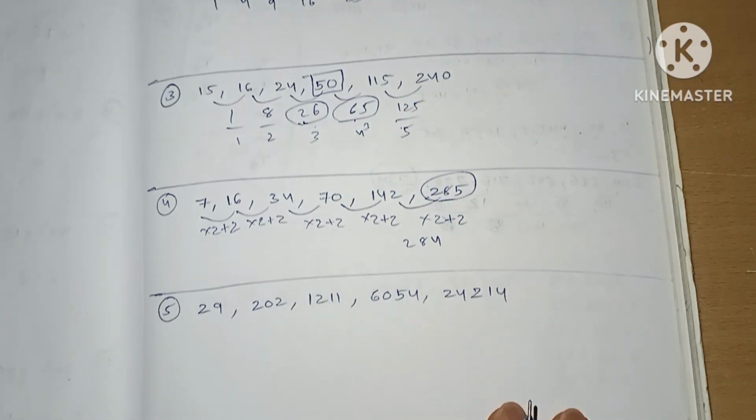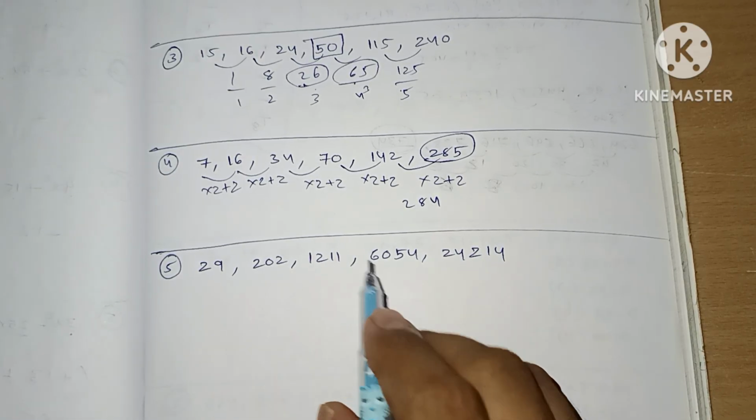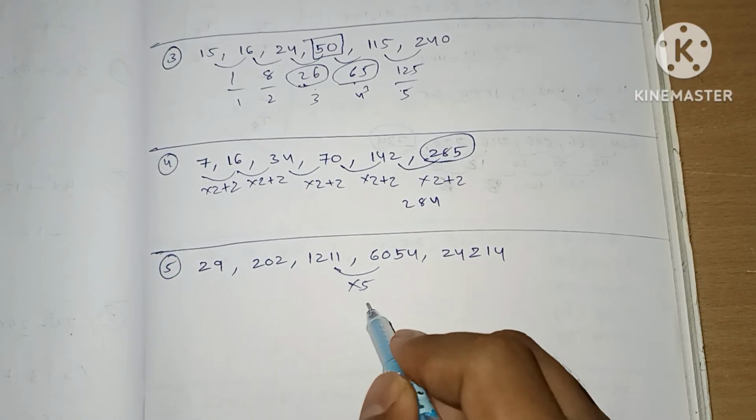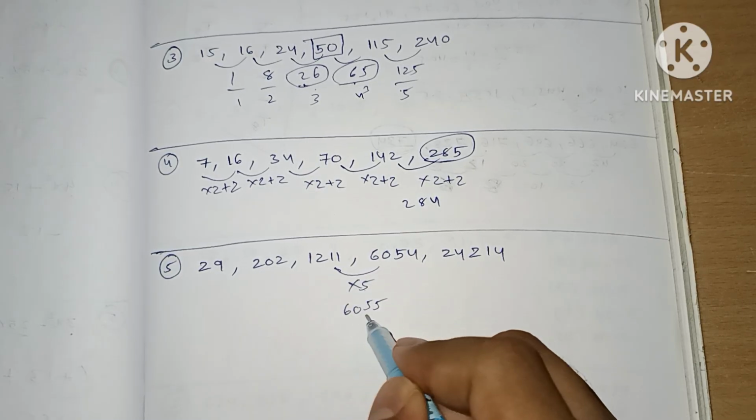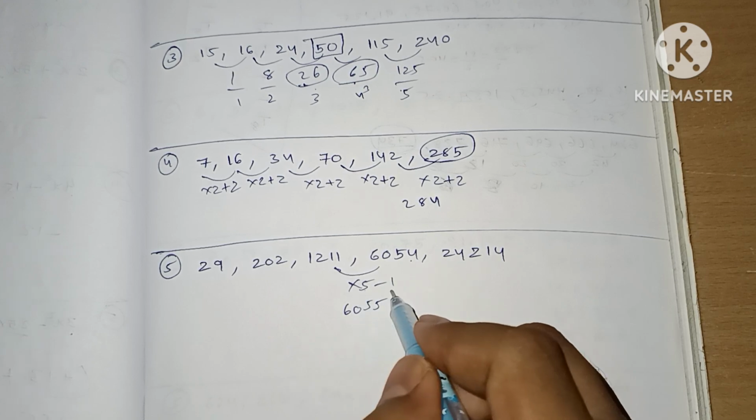Next one, here we are going to see that this is nearly into 5 times, 55 and 60, 60 55, and we got a 54 means minus 1, into 5 minus 1.